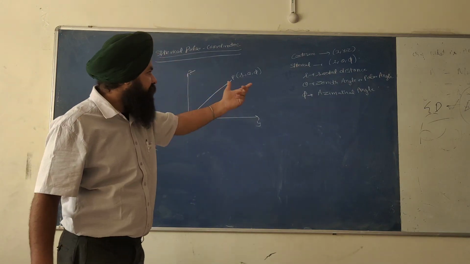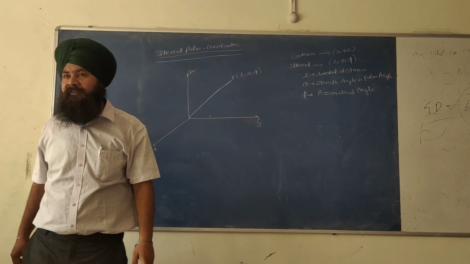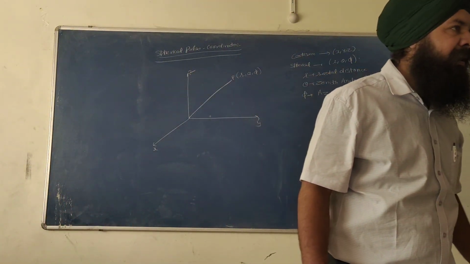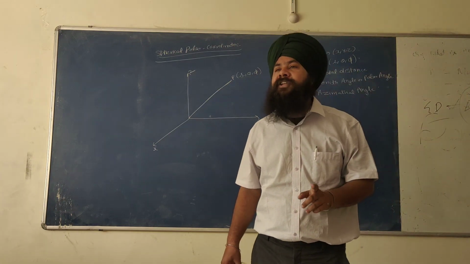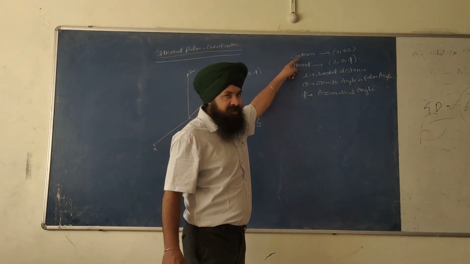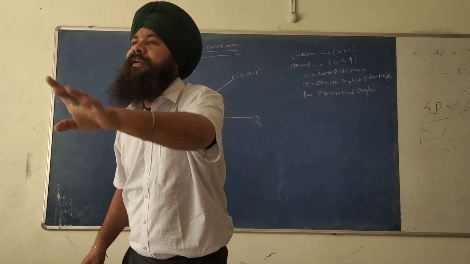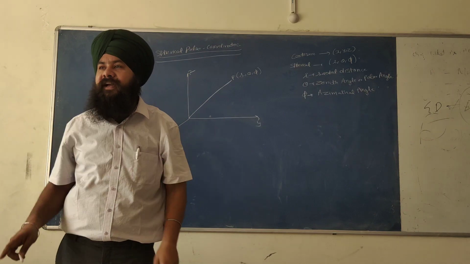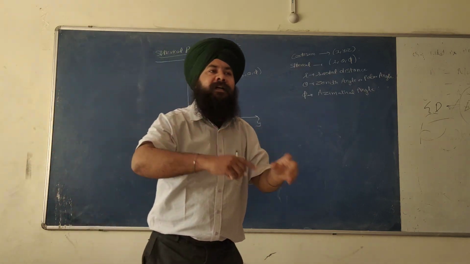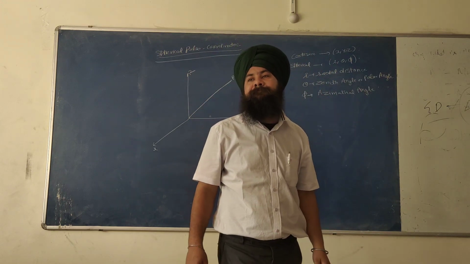Okay, so let us understand what is r, what is theta, and what is phi, and how they can define the position of a particle, and what is the relationship between the Cartesian coordinate system and spherical polar coordinate system. What is the relation between the two? x is equal to what in terms of r, theta, phi, y is equal to what, and z is equal to what.